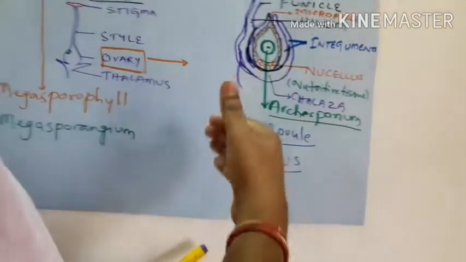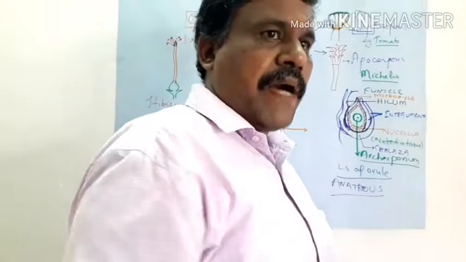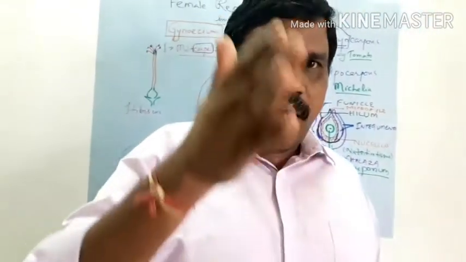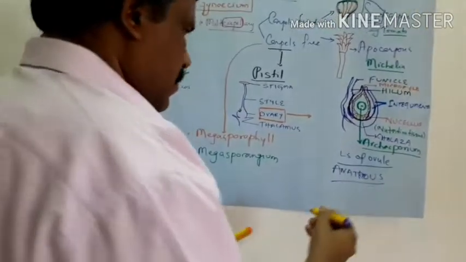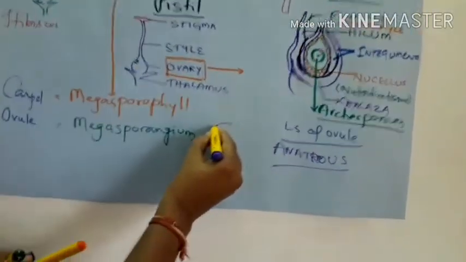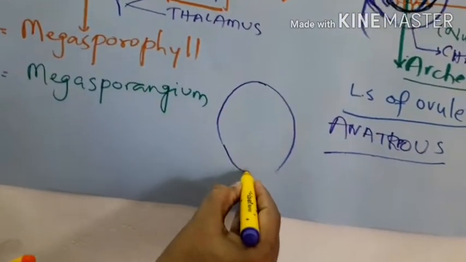So we also have other types of ovules depending upon the position of the micropyle. Suppose the micropyle and chalaza are all in a straight line, we have an ovule like this also.